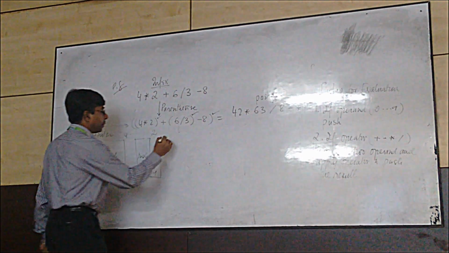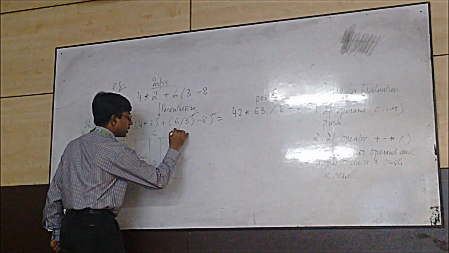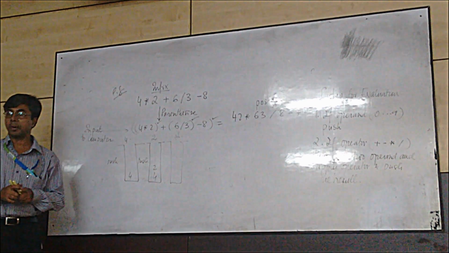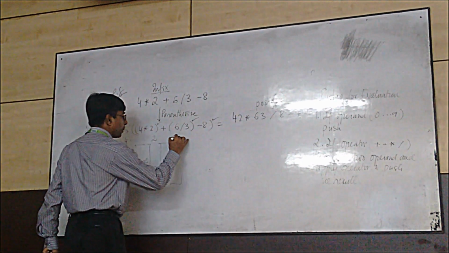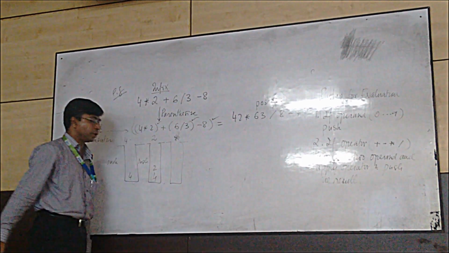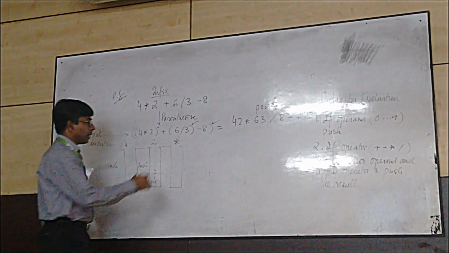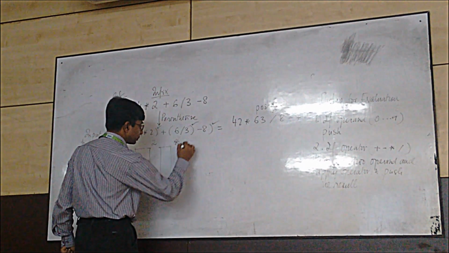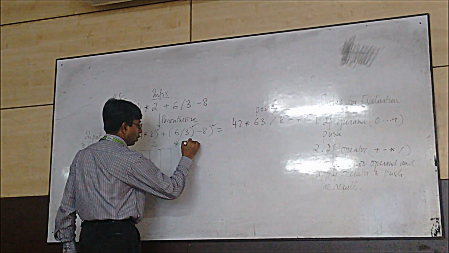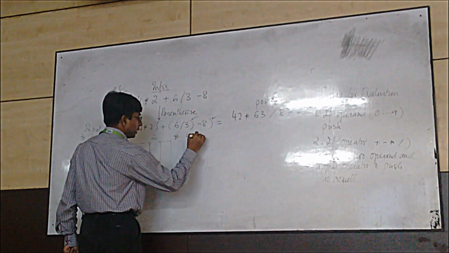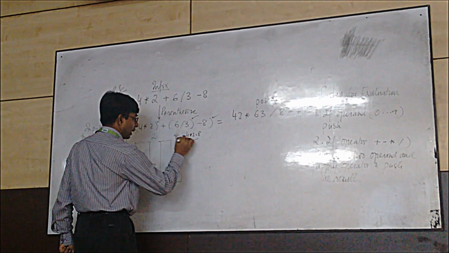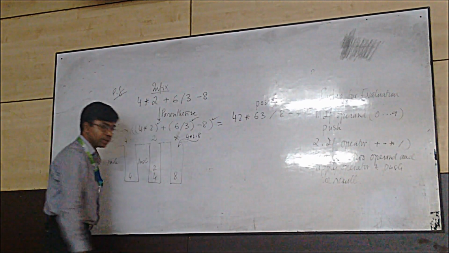And after that, a star is coming, an operator. If an operator is coming, what do you do? 2 pops, apply. 4 multiplied by 2 is 8, and 8 comes in.